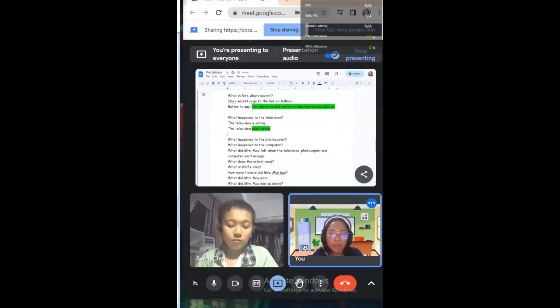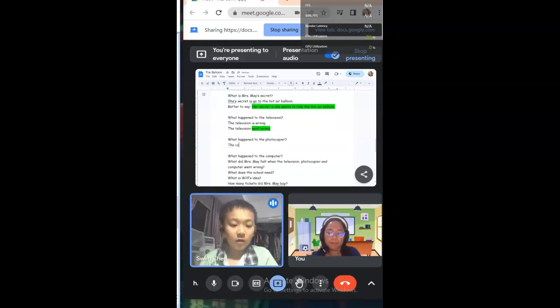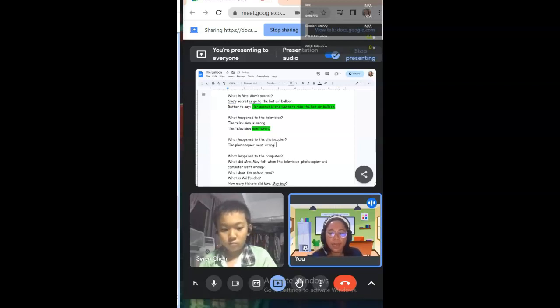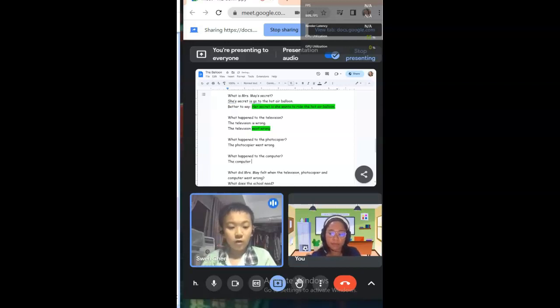Next, what happened to the photocopier? The photocopier went wrong. Okay, the same with the television. Okay, next, what happened to the computer? The computer went wrong as well.